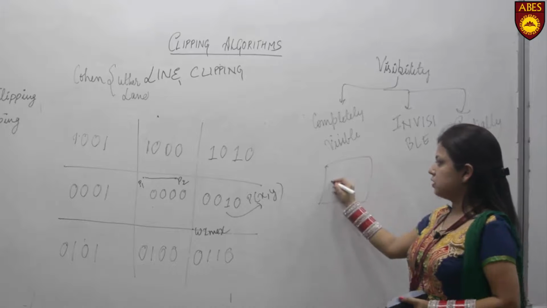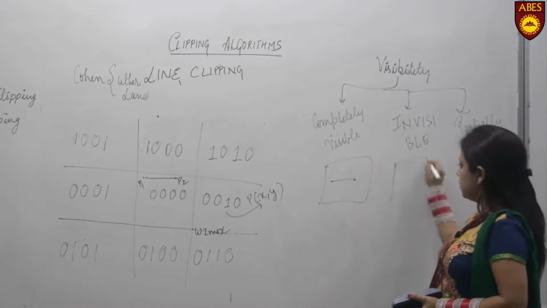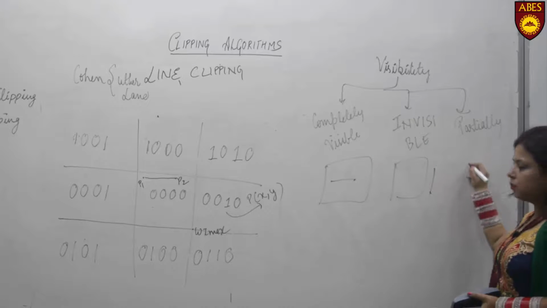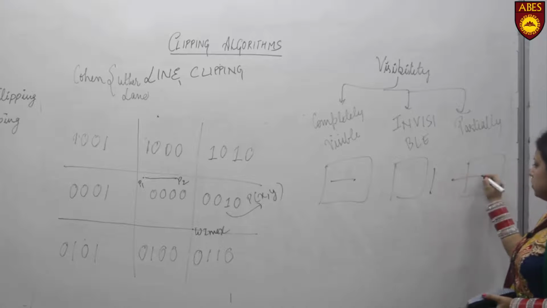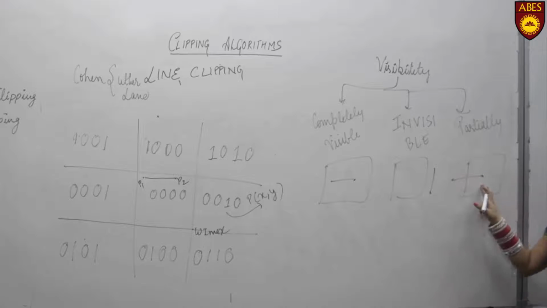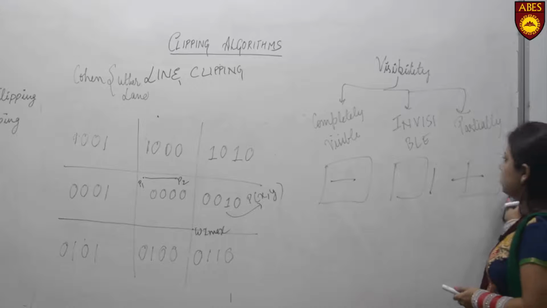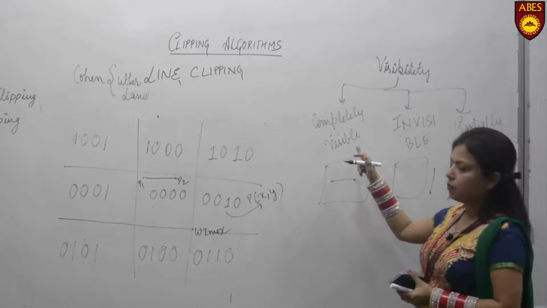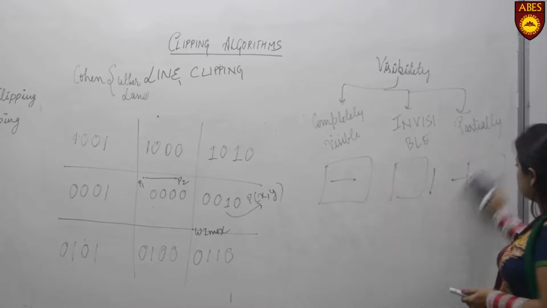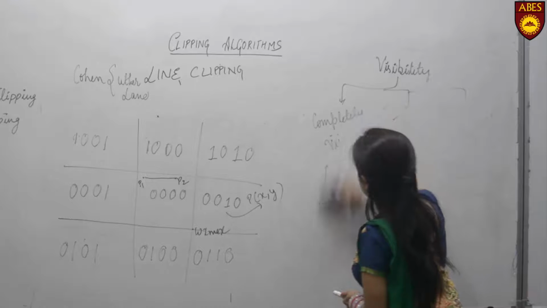A line which is completely inside the window is visible, and outside the window is invisible. For a partially visible line, only the part of the line which is inside the window would be retained, and the rest of the line would be cropped out. So let's start the 3 cases one by one, and then we'll go with the algorithm.